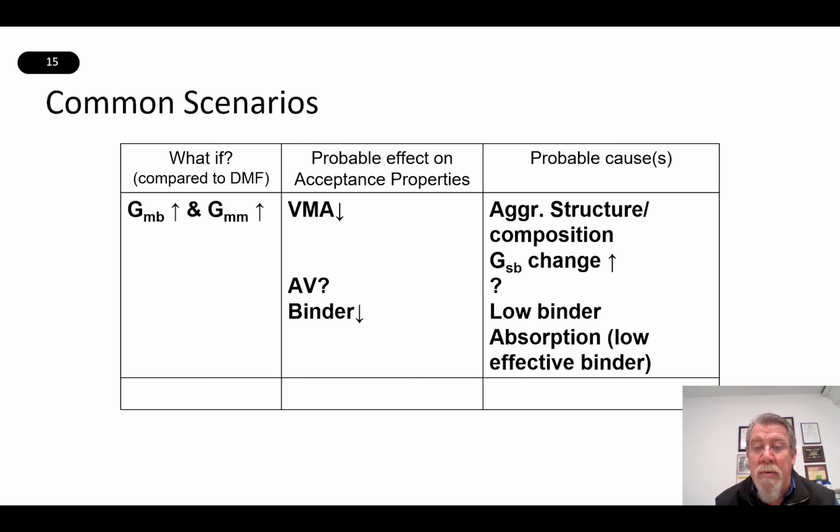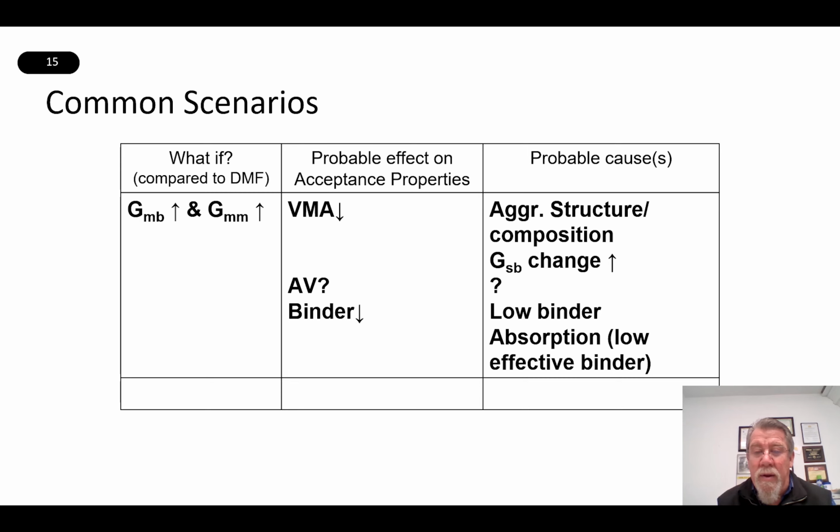So your probable cause, ag structure: most likely if GMB and GMM both go up, probably an ag GSB has changed and gone up for them both to go up together. Air voids, I say, kind of unknown, but most likely stays the same from where it's always been.